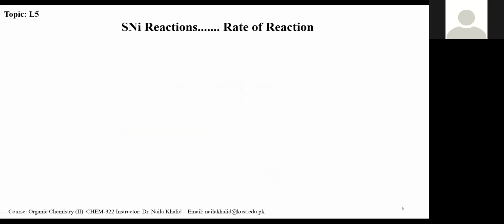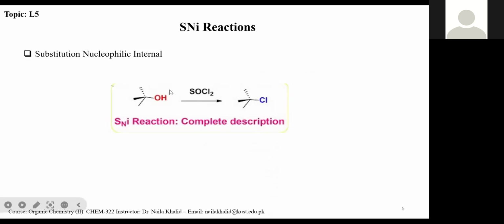Now come to the mechanism and rate of reaction. First of all, the rate of reaction. It follows second order kinetics. What does it mean? It means that your rate of reaction is dependent on the substrate as well as this reagent.